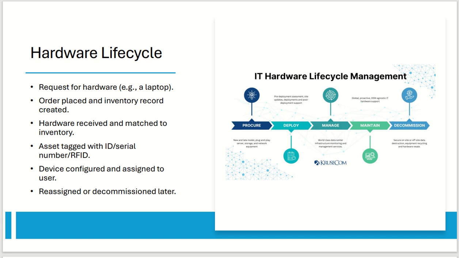Once the laptop gets delivered, this laptop is matched to the inventory, and then the laptop gets assigned a serial number. After it's assigned a serial number, the laptop is configured for the said colleague that's joining, configured such that they have just the minimum necessary privileges to do their task.